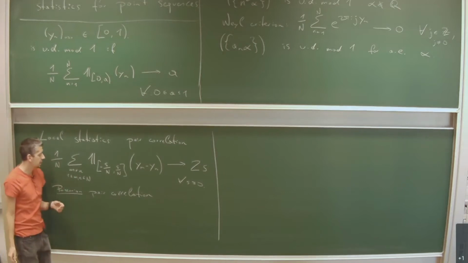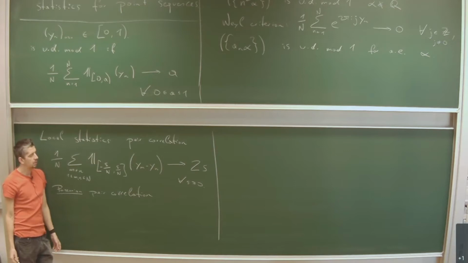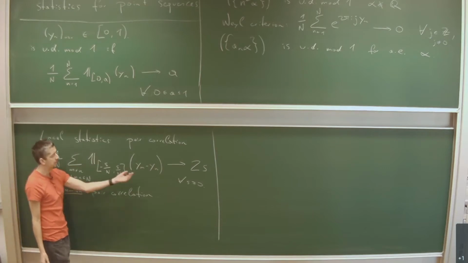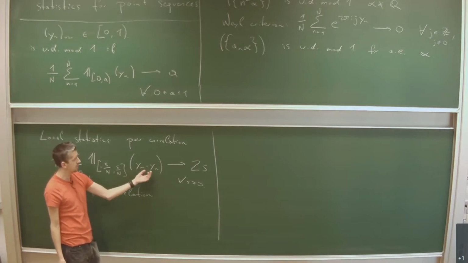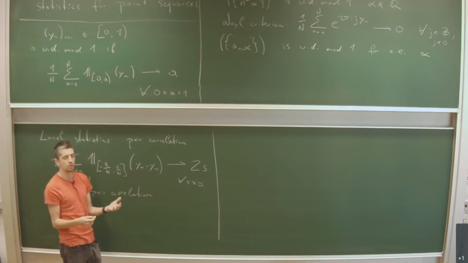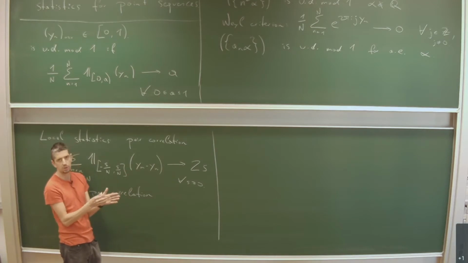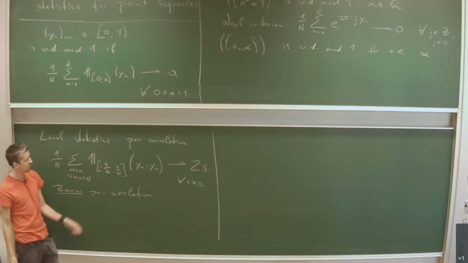So this pair correlation is just one example of a local test statistic. You could also study what is called triple correlation, quadruple correlation, higher correlations, where you don't count pairs of elements of the sequence close to each other, but where you count triples, so 3 points which are close to each other on this scale of roughly 1 over n.